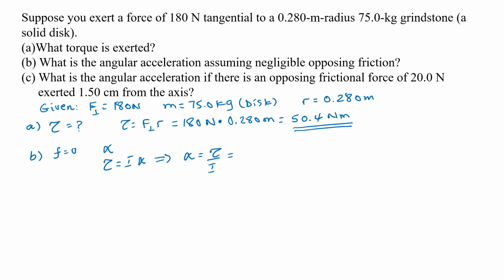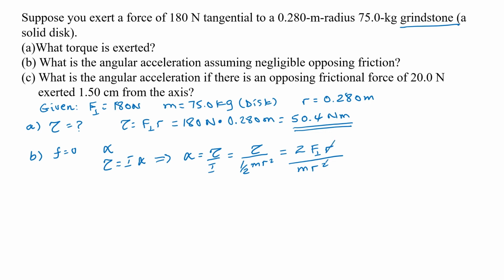Now the grindstone is like a solid disk, so its moment of inertia is given by 1 over 2 mr squared. Therefore alpha will be equal to 2 tau, and tau is equal to F times R, over mr squared.